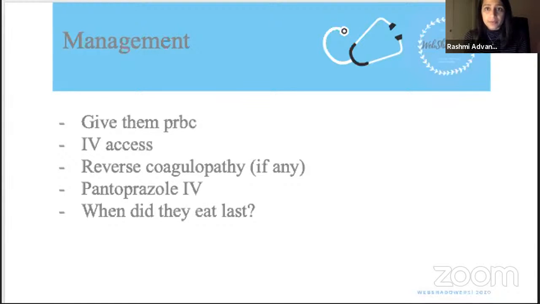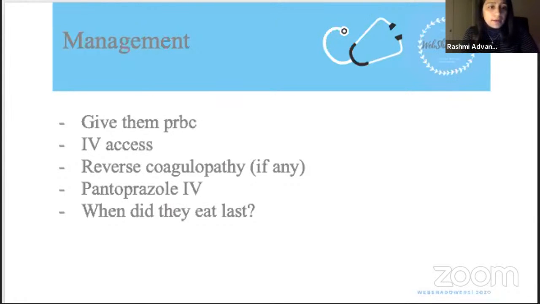NSAIDs are typically known to break down that mucus barrier. See, there's a whole reason why we talked about the mucus barrier earlier. So she took NSAIDs, and she broke down her mucus barrier, and she created an ulcer because she had inflammation there. The acid damaged those cells underneath, and she caused an ulcer. And that ulcer got deep enough that now it's bleeding.